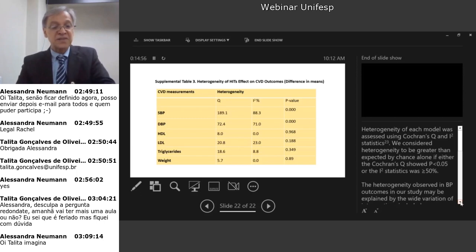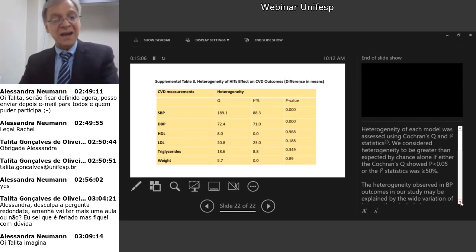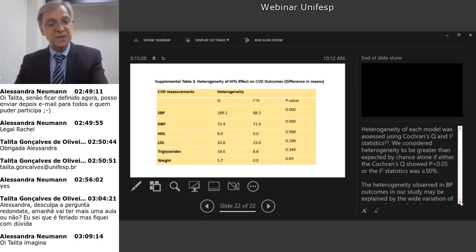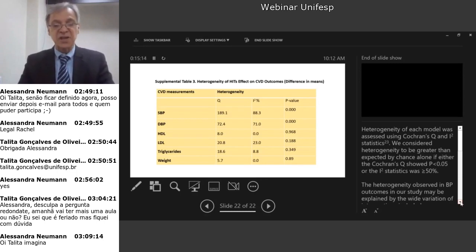On the other hand, for triglyceride, I could easily not use random effects, or for HDL, I could just do a fixed effect. I did both, but I presented only the random effects model. So let the Q and the I square, especially the I square percentage, guide you whether to use a random effects model or fixed effect model in your meta-analysis using regression, okay?